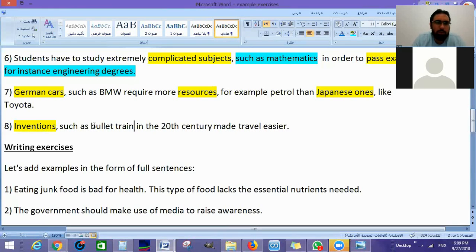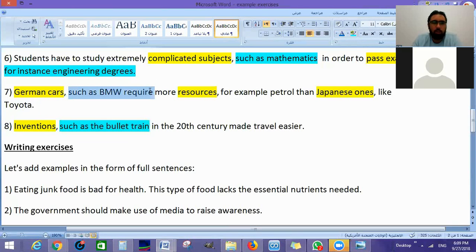Let's say the bullet train, such as the bullet train. Okay. Right.